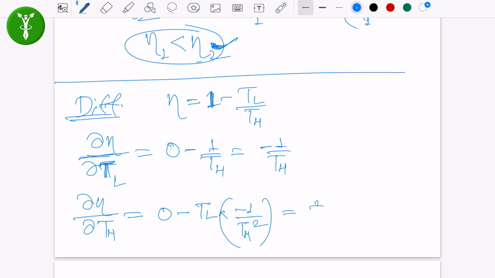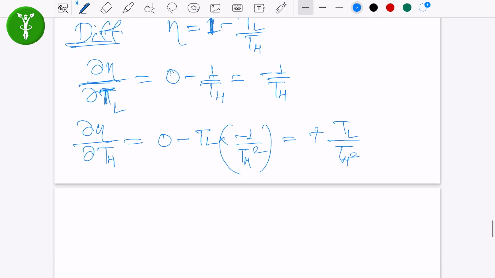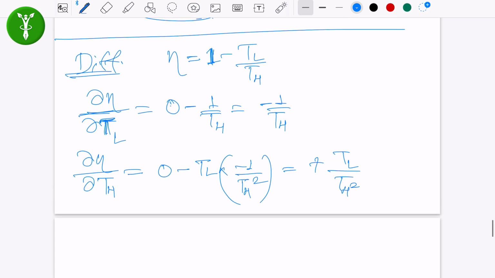So this will be positive TL by TH square. Here you can note what we have done. We are simply seeing the total change in efficiency with respect to temperature change, with respect to TH and TL. So this will be due to both.